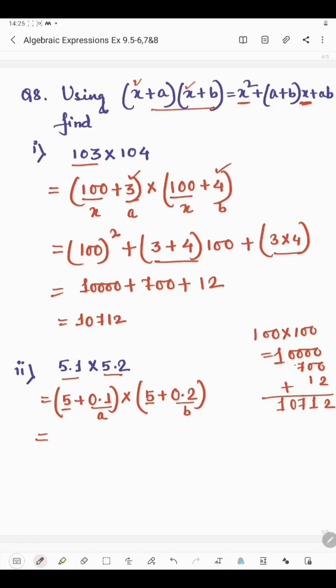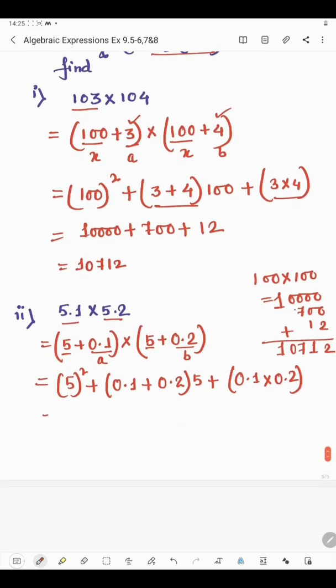So at first, according to the identity, we will have to write the square of the first term, which is 5 whole square, plus sum of AB. A means 0.1 and B means 0.2, multiplied by the first term, which is 5 here, plus product of AB. So A is 0.1 and B is 0.2.